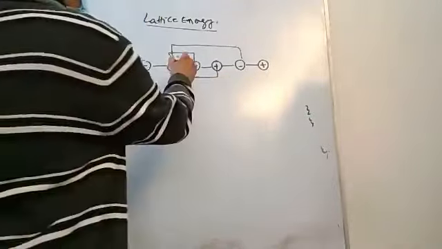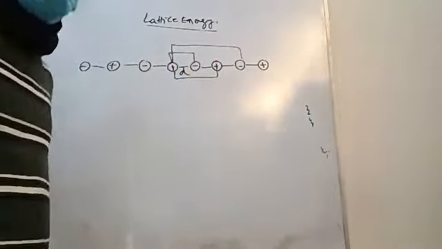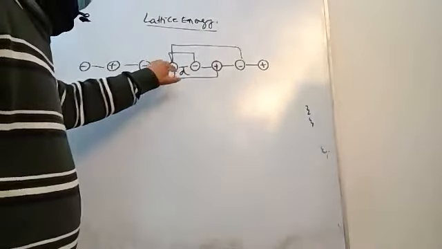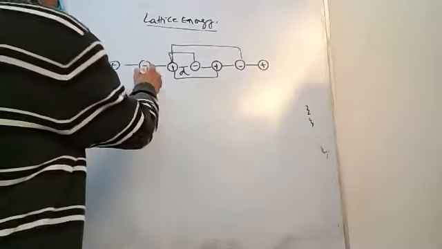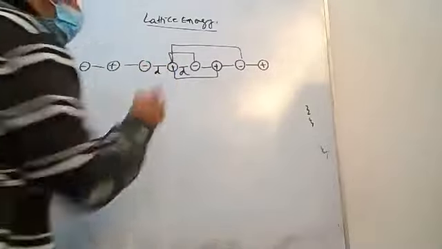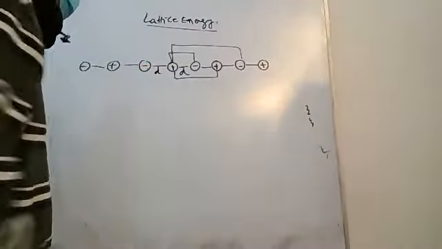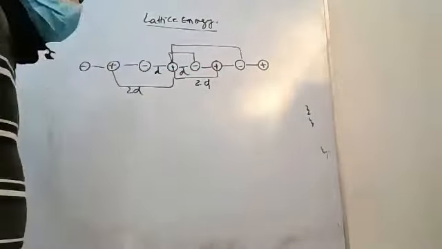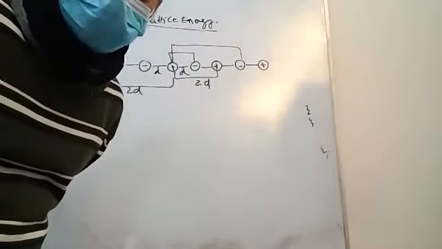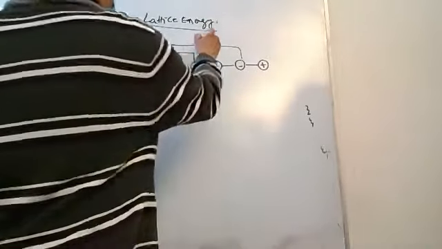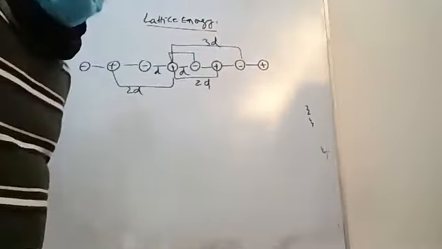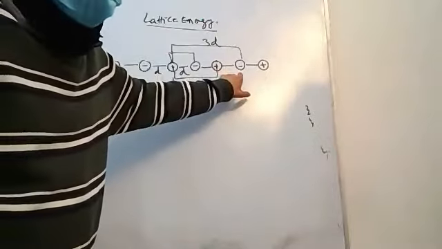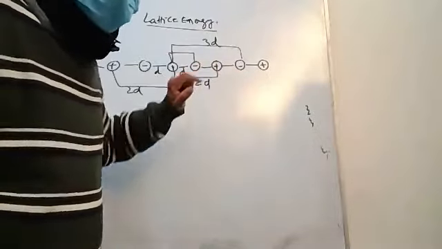So if I call this d, the distance between the positive and the negative, then at a distance d, you have two attractive interactions, and at a distance of 2d, you have two repulsive interactions, and then at a distance of 3d, you still have an attractive interaction because of the chloride, although it is far off, but it will still have an attraction.